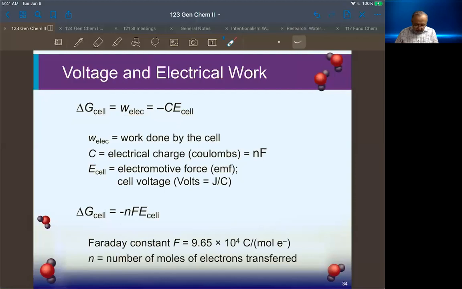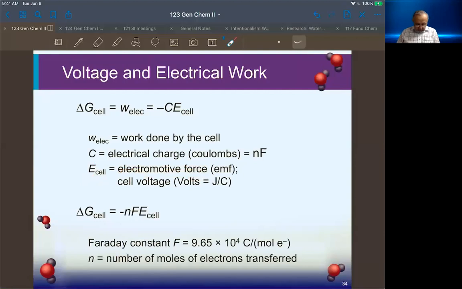The electrical charge is in coulombs, capital C. The potential of the cell produces what is called electromotive force, and we can use that force to do the work.